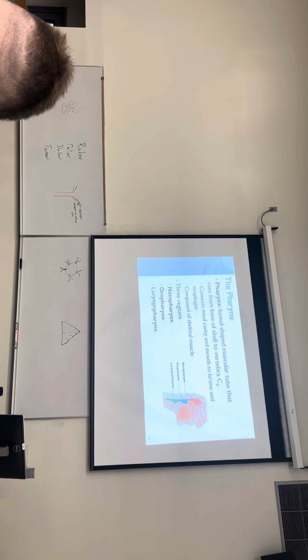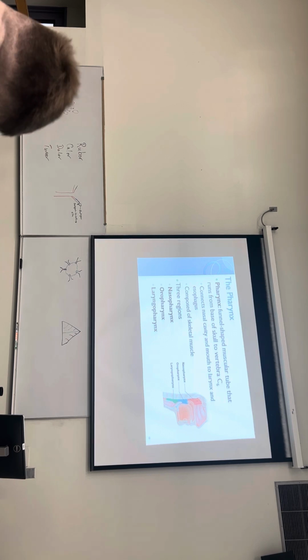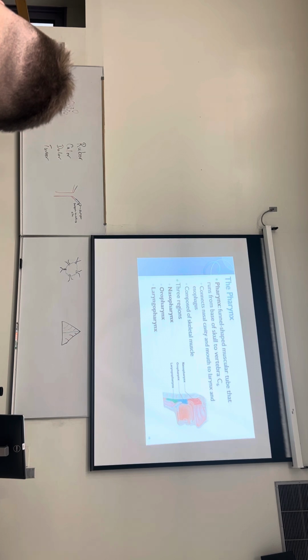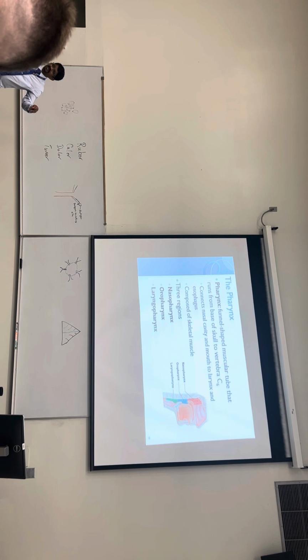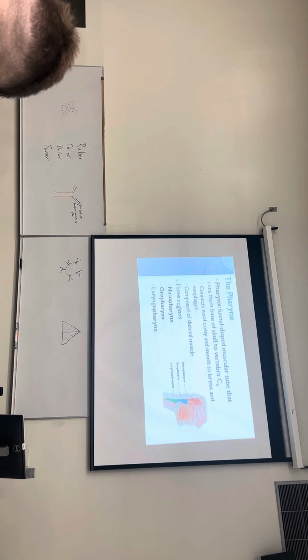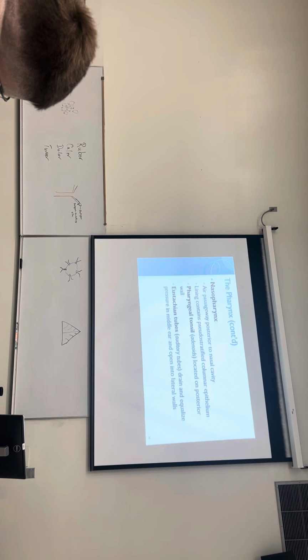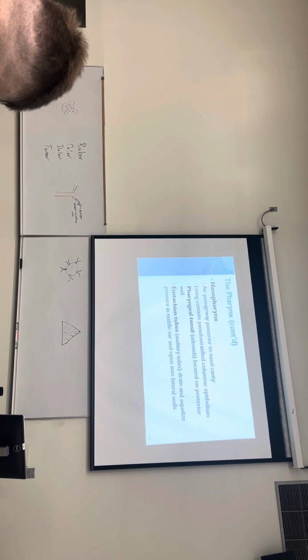What's the function of the eustachian tube? Equalize pressure. The function is not to drain fluid, right? There shouldn't be any fluid in there. If fluid is there, it's actually from reflux from the back of the throat into the nasopharynx. The eustachian tube is to equalize pressure in the middle ear.